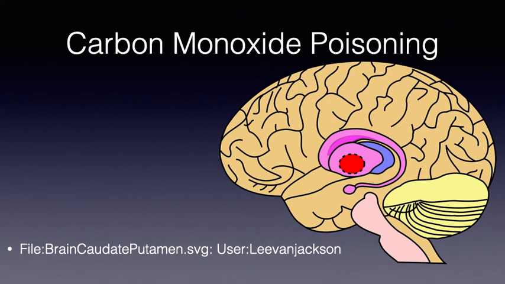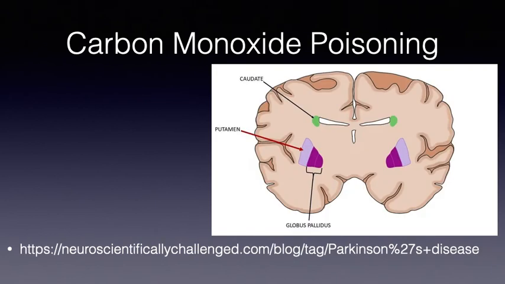So when you study parts of the brain in the context of neurodegenerative disorders, you will learn about something called the lentiform nucleus. This lentiform nucleus consists of the putamen and the globus pallidus. And the globus pallidus has both an external and an internal portion.